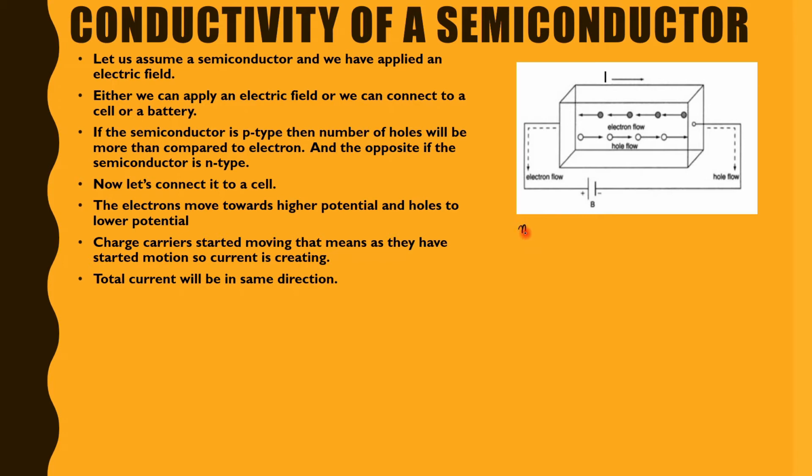First is NE, where N is the number of electrons. Second is our IE, which is our current due to the electrons' motion.